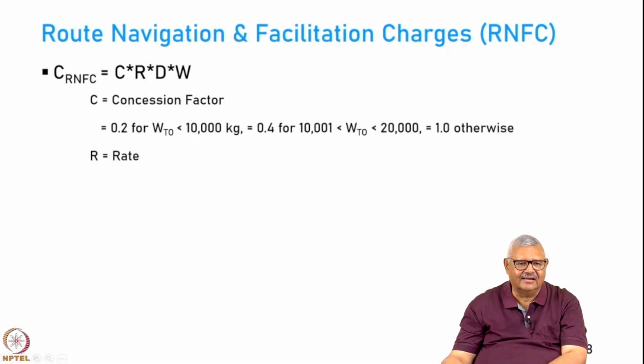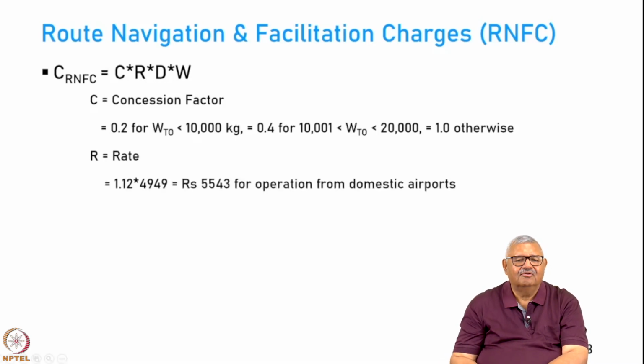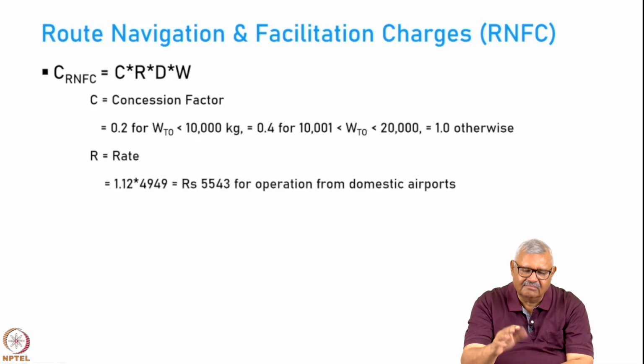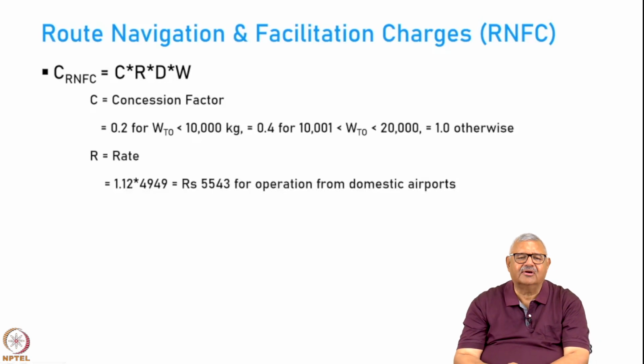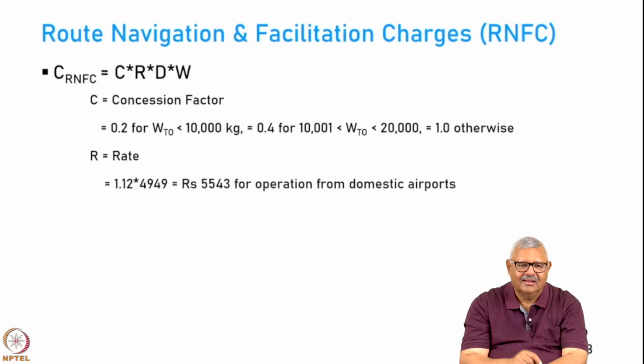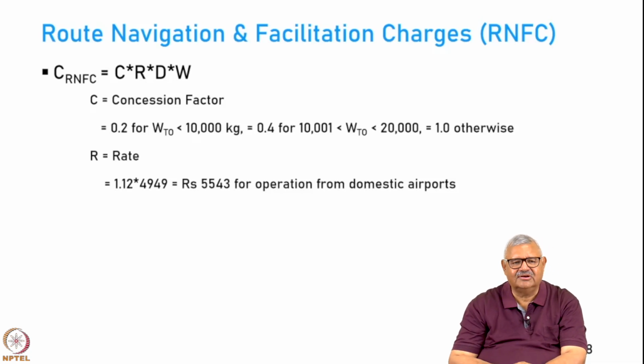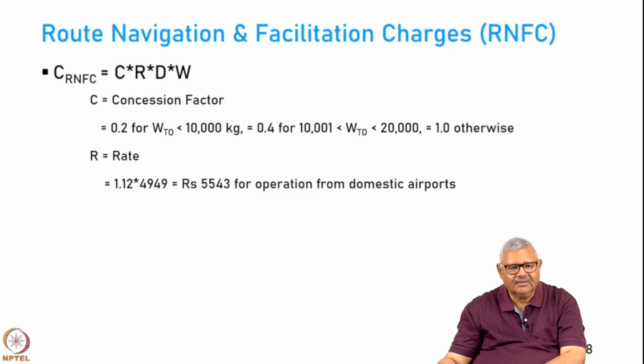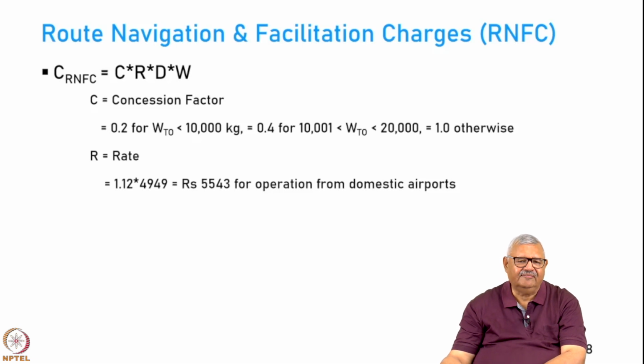Then R is the rate. This is a number which is given as rupees 4949 from 2025 onwards, till the new rules are announced. The rate is going to be 4949 for domestic aircraft operating. Now 12% will be the GST on that. So, therefore, the rate is rupees 5543 for operation from domestic airports.